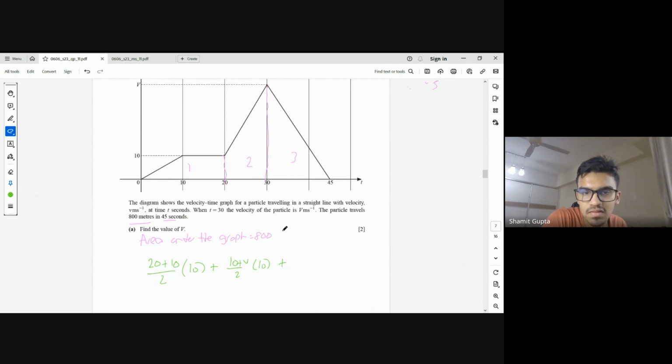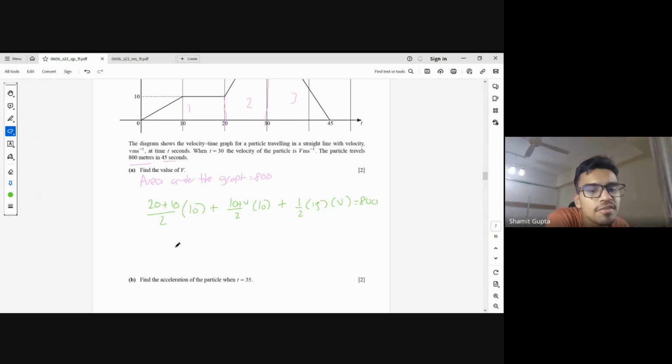Then 3 will be half times base times height. So half times 15 times v, and the total is equal to 800. So let's simplify this. It becomes 150 plus 5v plus 15 over 2 v equals 800.